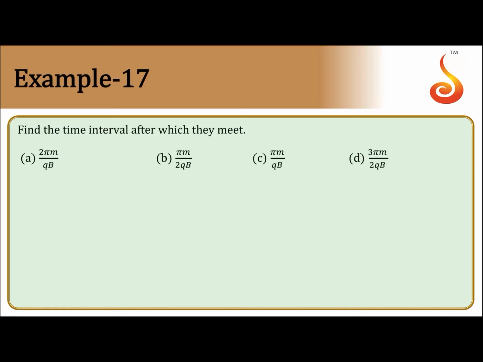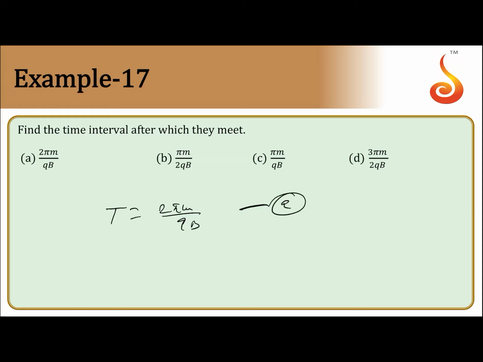Now find the time interval after which they meet again. So obviously the time period is 2 pi m by qB. So this is option A, because the particle moving in the helical path will be refocused on the magnetic field axis after it completes one circle, and the time to complete one circle is equal to this.